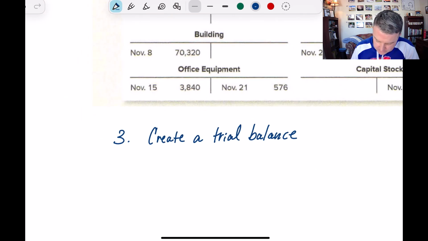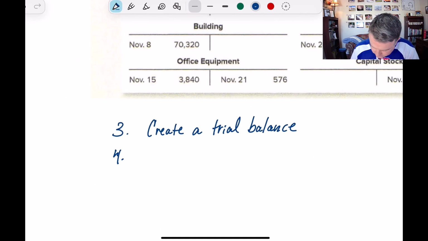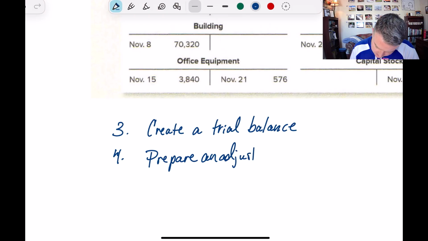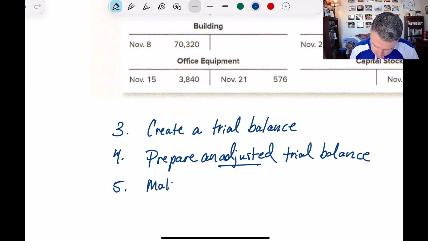And then steps 4 and 5 would be to prepare and adjust the trial balance. And then the last step is to make the financial statements.